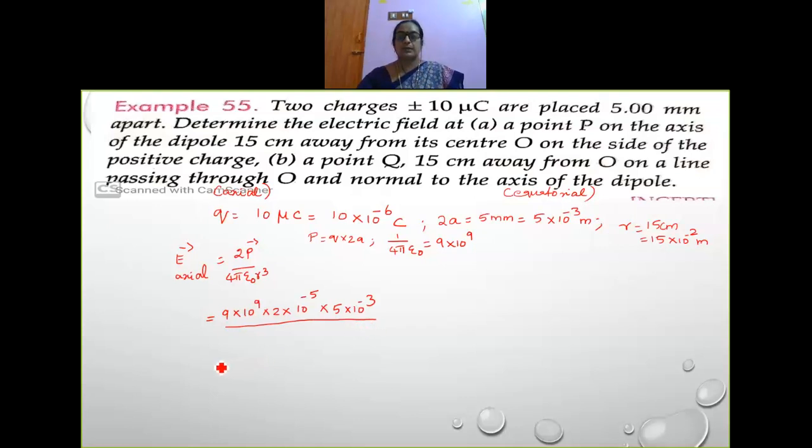So r is 15 centimeter. 15 cube is 3375, into 10 power minus 2 the whole cube, right? So it is 10 power minus 6, right?